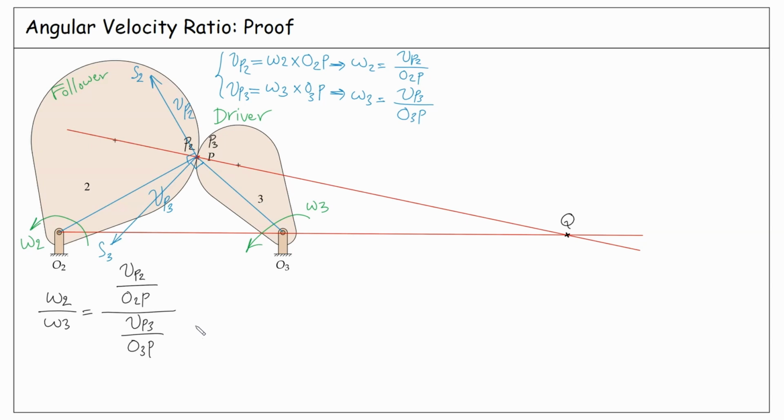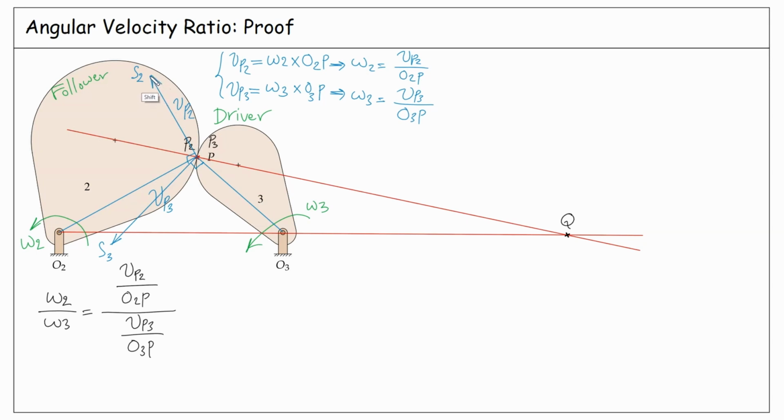We should notice that in order to keep the links in contact, the normal components of the velocities of P2 and P3 must be identical. This is the velocity of P2.